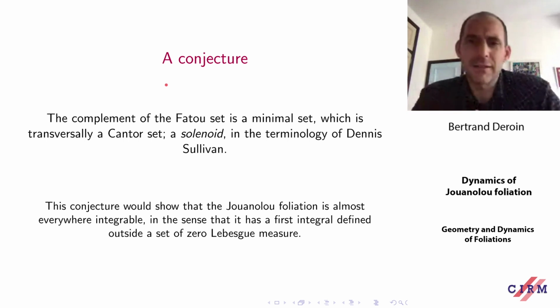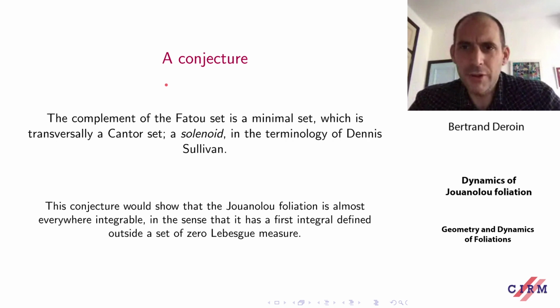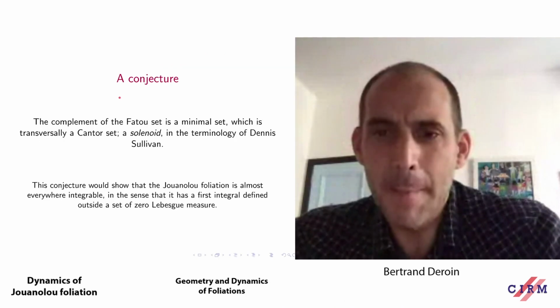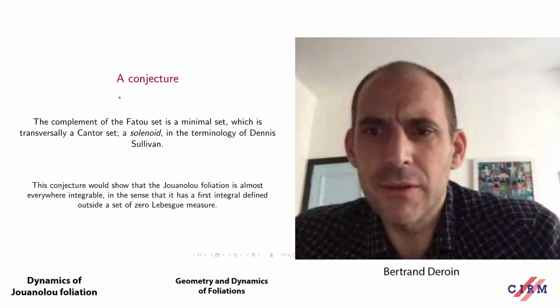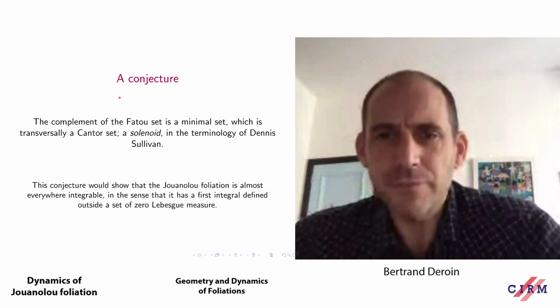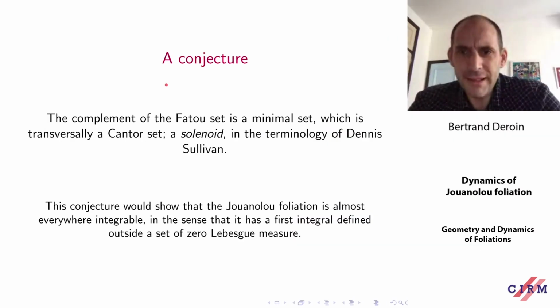It will look locally like the product of a disk, which is pieces of trajectories of the foliation, by a Cantor set. This is what Dennis Sullivan called a solenoid. And it is not very difficult, using some of our techniques, to prove that this solenoid would be of zero Lebesgue measure.